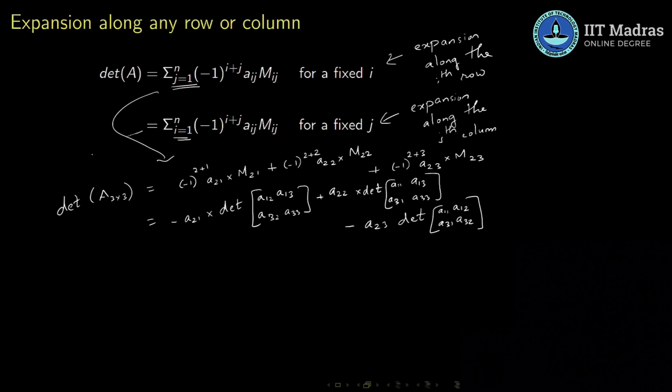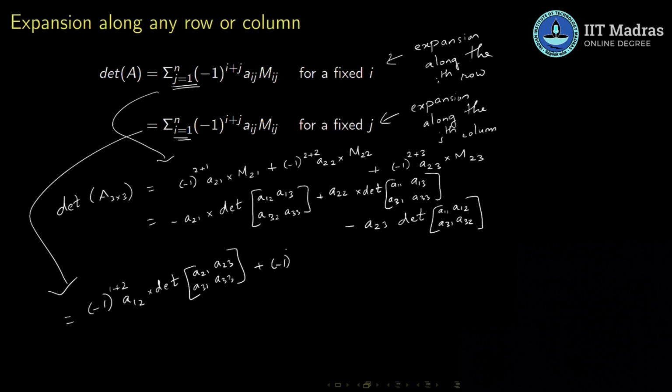Sorry, the second column. Okay, so this is expansion along the second column. So what this is saying is that this is minus 1 to the power 1 plus 2 a12 times the determinant of a21, a23, a31, a33, plus minus 1 to the power 2 plus 2 a22 times a similar determinant.